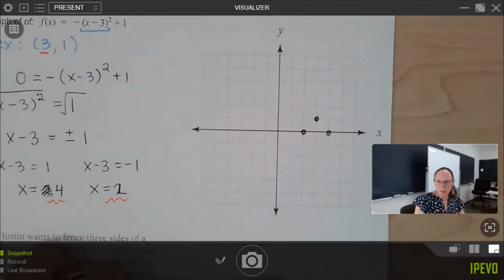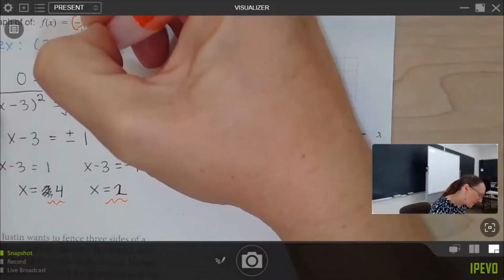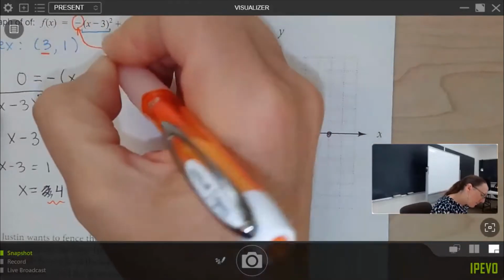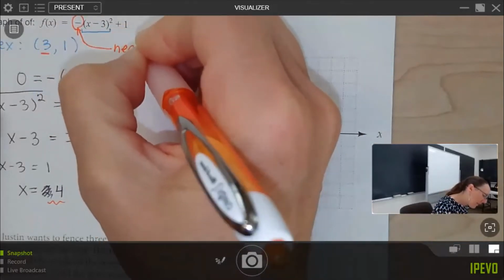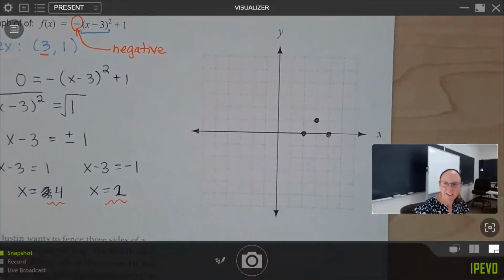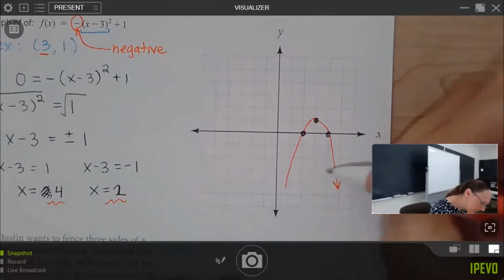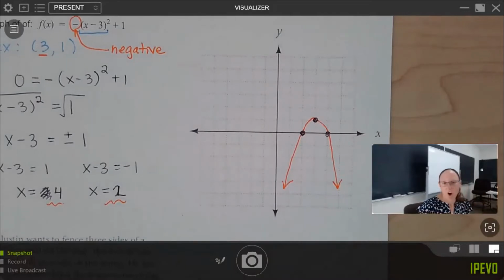That's probably enough for you to see the shape of the graph already, but there is one other critical aspect here, and that is that our value of a, the number out in front, is negative, which means that this parabola is going to be concave down. Good times.